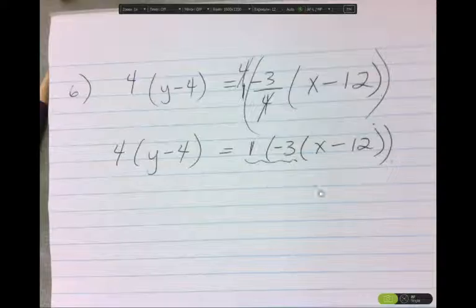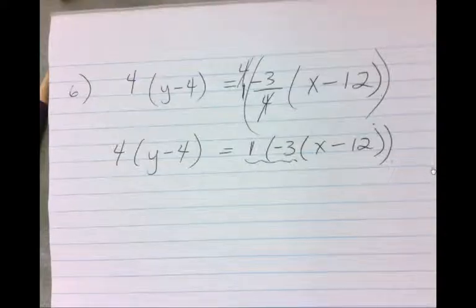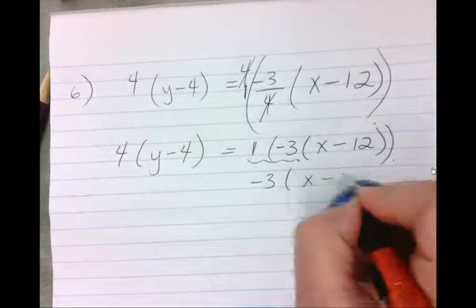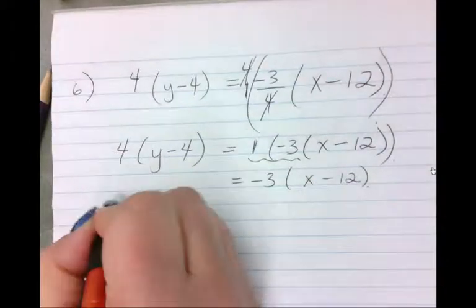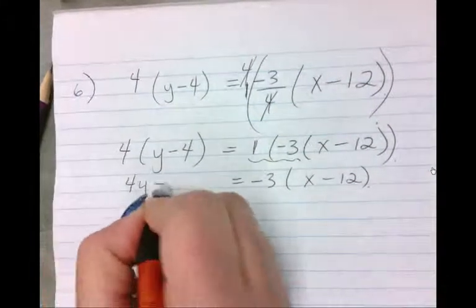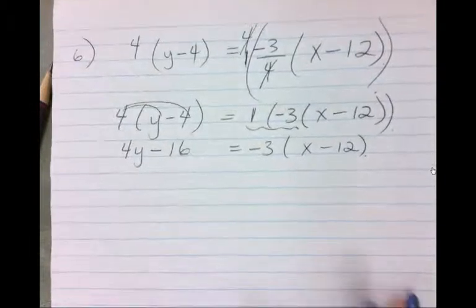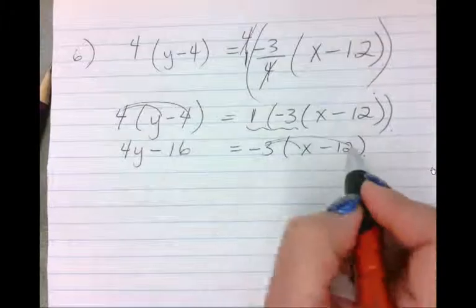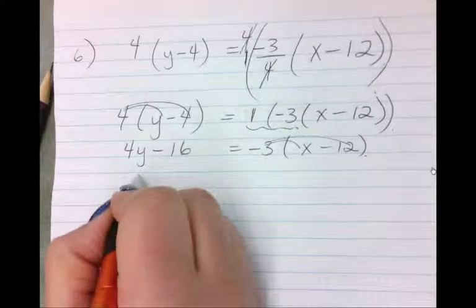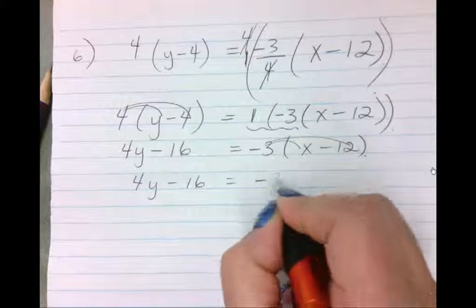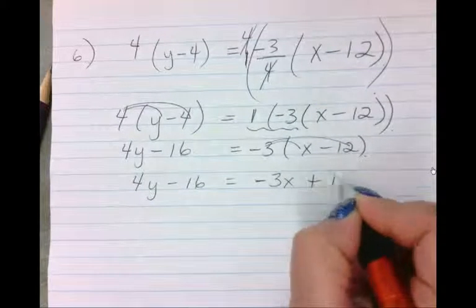All right, so this here ends up giving you negative 3 bracket x minus 12, and then here we've got 4y minus 16. Distribute this through. So now we're going to distribute that negative 3 through here. So 4y minus 16 equals negative 3x plus 12.